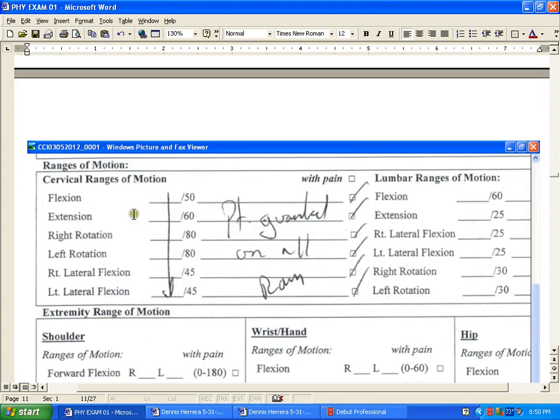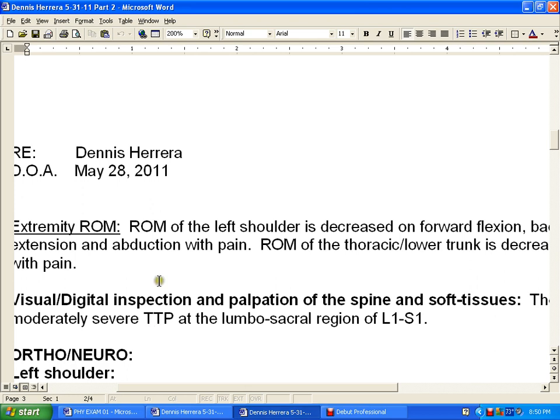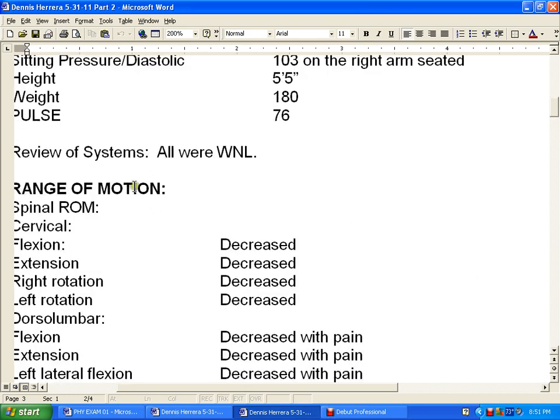Okay, in this case, you'll have the template in front of you, so it'll have range of motion, bold and all caps, colon, spinal range of motion, or ROM, colon, and then it will say cervical.